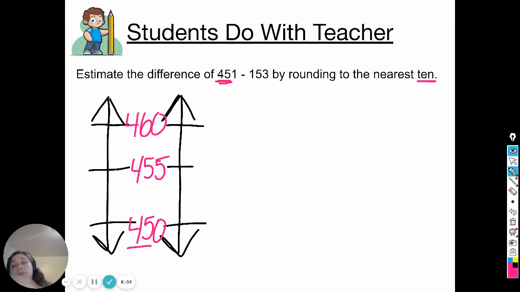Now let's find 451. 450, 451, plot a point right there. 452, 453, 454, 455. And I always keep counting just to make sure my numbers are lining up right. 451 is below halfway, so I round down to 450.